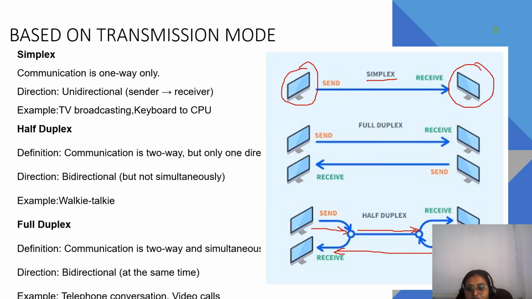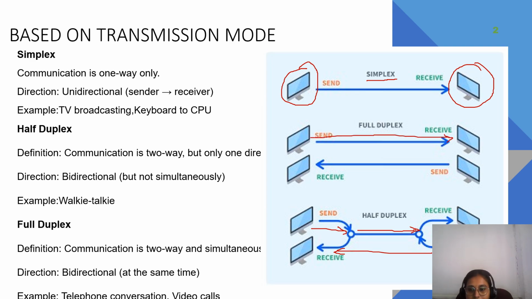And the next one is the full duplex method. In full duplex, communication is two-way and it happens simultaneously. We can take the example of a telephone conversation or a video call. We are sending the data, and the receiver is receiving.